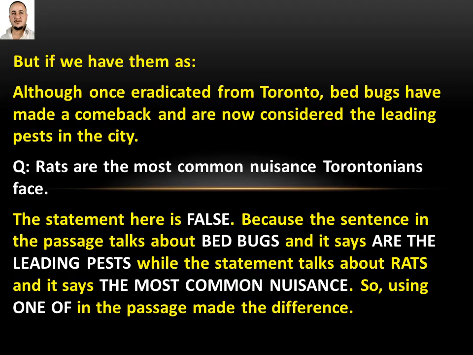The statement here is false, because the sentence in the passage talks about bedbugs and it says are the leading pests, while the statement talks about rats and it says the most common nuisance. So using one of in the passage made the difference for the first example which I said.